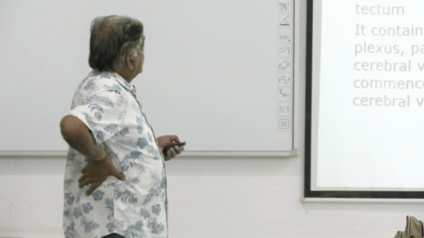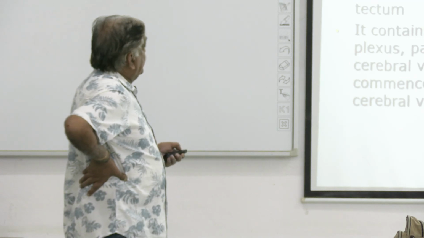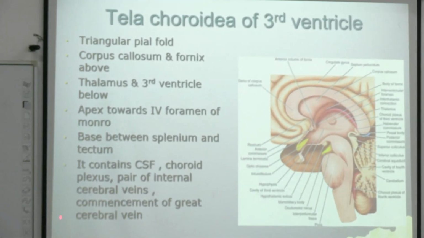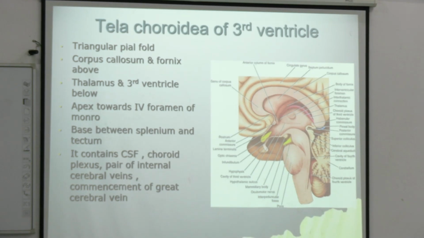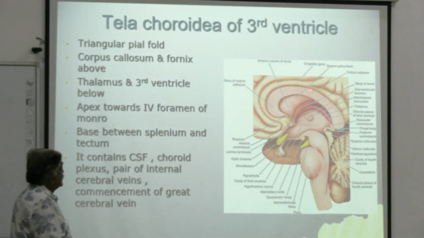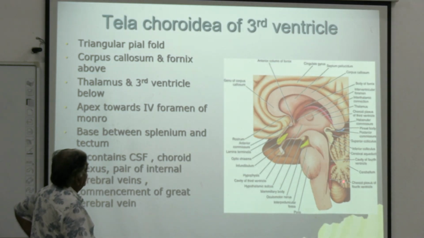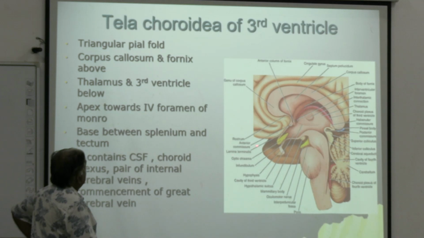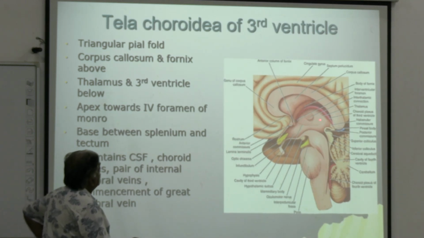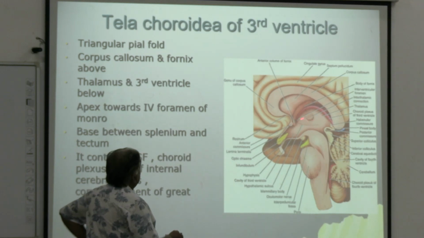Now, it contains CSF, choroid plexus, pair of internal cerebral veins, commencement of the great cerebral vein. This is the sagittal section of the third ventricle, and this is the cerebellum, this is the corpus callosum, this is the pons, this is the medulla, and you can see the infundibulum, lamina terminalis of the corpus callosum, and this is the thalamus here.